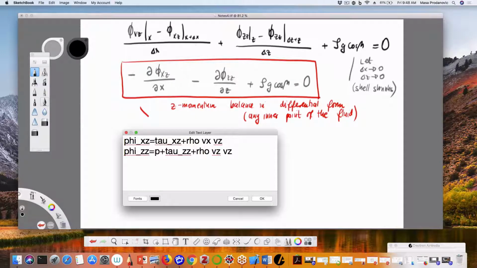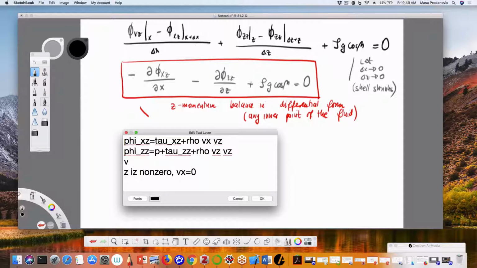So my Vz is the only non-zero component of the velocity. And frankly, if you don't make that assumption, you won't be able to solve analytically. So for the most part, this is going to be our assumption. And my Vx is 0. Is it completely true? No, but it's close enough.